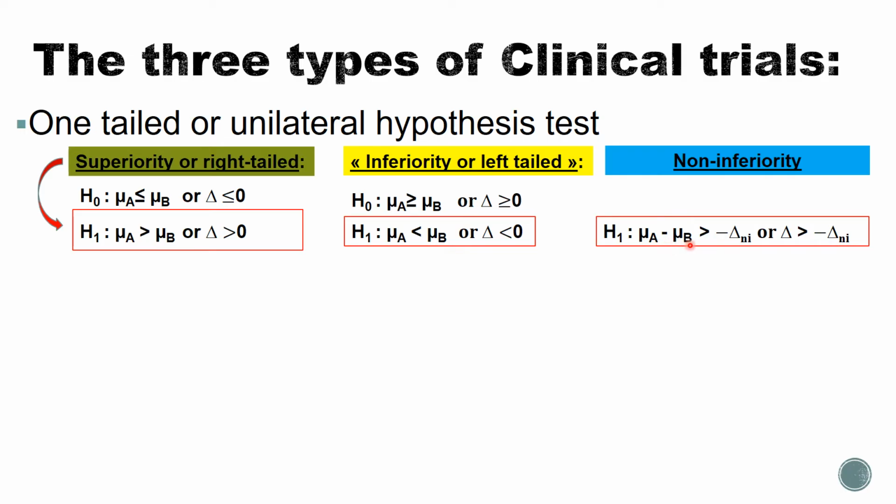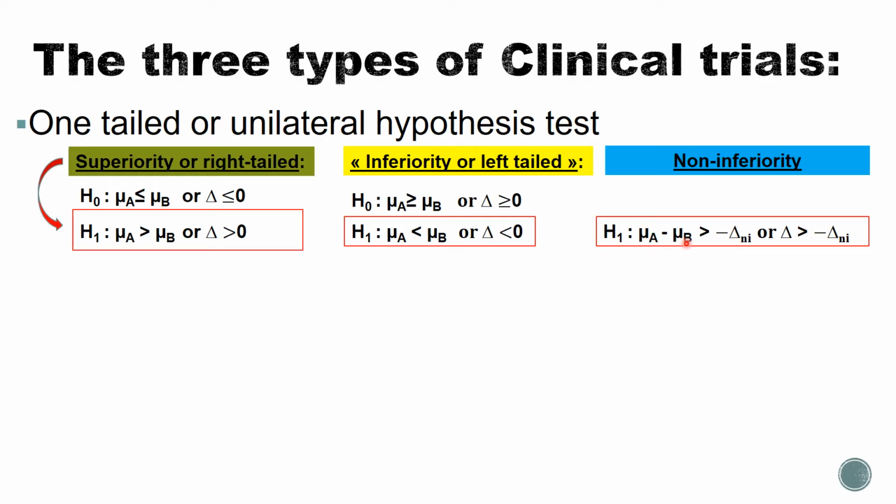What we are trying to say is that it's not worse than the existing treatment, but we've actually agreed that the new drug is less in terms of efficacy than the existing treatment, but not to some extent.